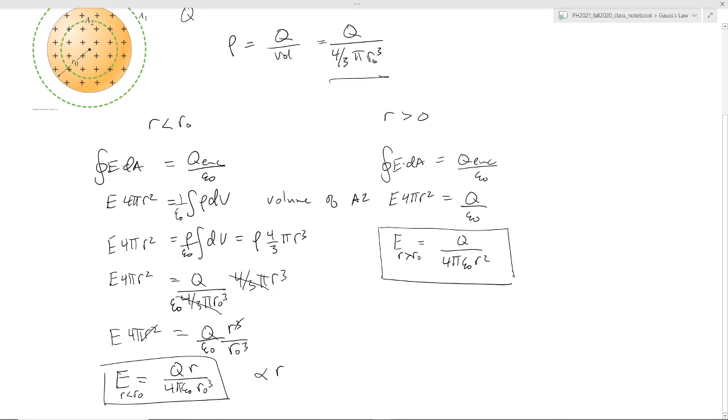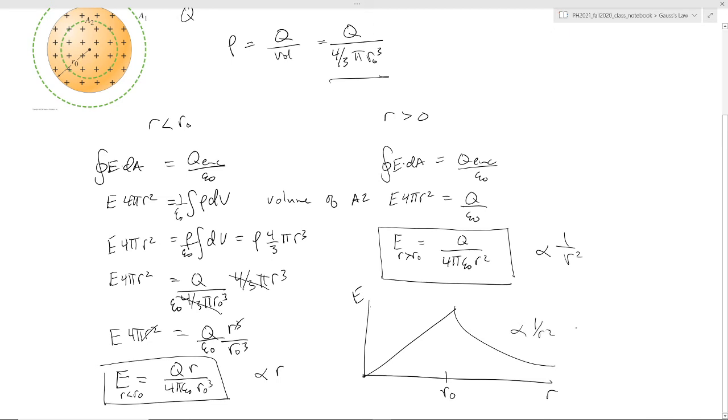And the behavior of this goes like 1 over r squared, like we talked about before. So what this looks like as a function of r, the electric field, is it increases linearly proportional to r until you get to r naught, and then it's going to drop off like 1 over r squared, like a point.